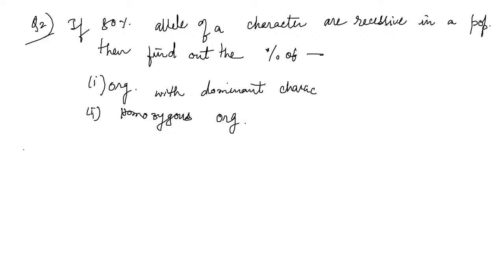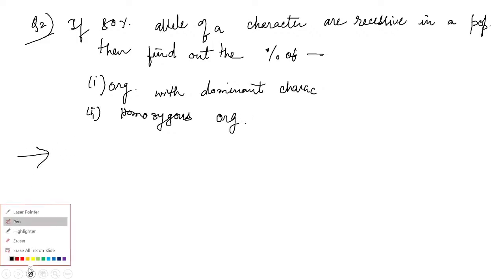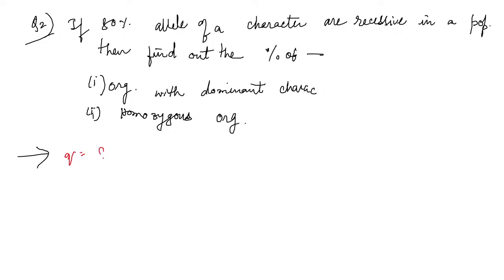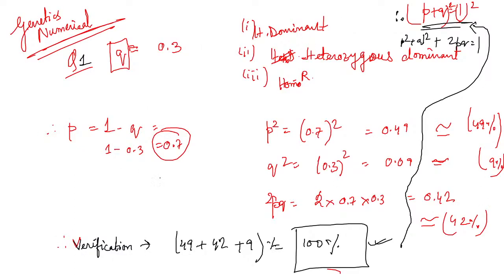So this is the population. I hope you are able to understand. So we get that q equals 80%. In the previous problem, we got that 0.49 equals 49%.